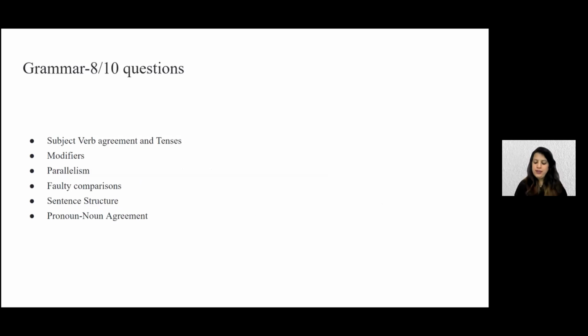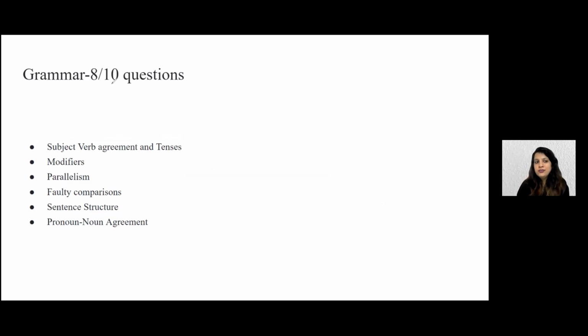Next, from the perspective of taking this paper, what I need to know. Now, these questions that I told you, broader category, that would be 44 questions. How are they divided? There are 3 subcategories. The first category, because we test you on standard English conventions, it is imperative for me to test you for your grammar usage, right?